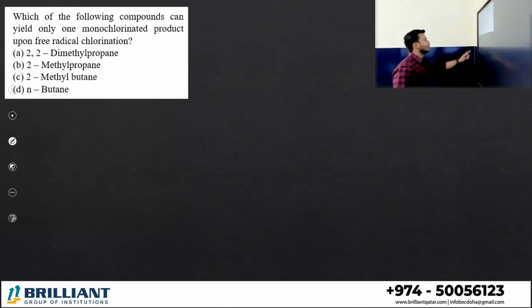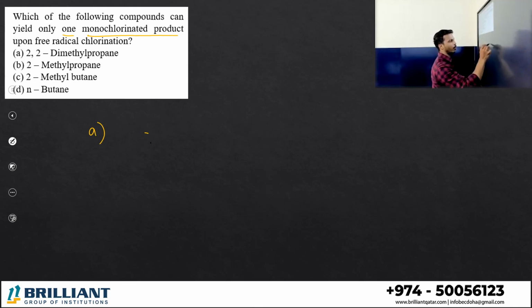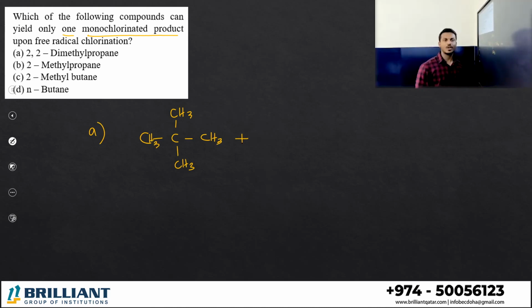Next one. Which of the following compounds can yield only one monochlorinated product upon free radical chlorination? Chlorination in presence of sunlight. Option A, 2,2-dimethylpropane. What is chlorination?